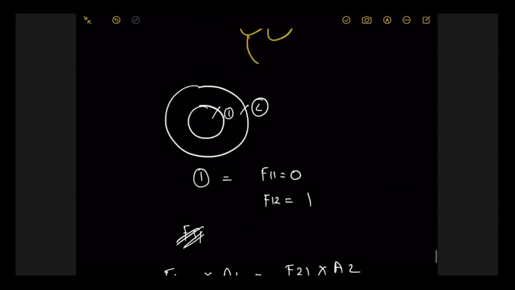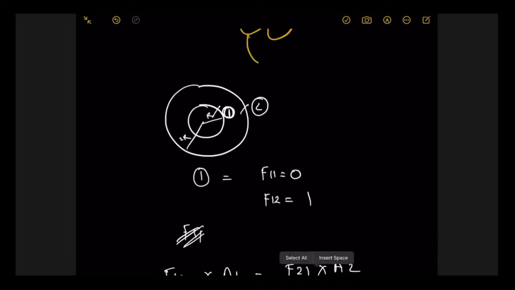Again see in this diagram, it has a radius r and it has a radius of 2r. If it is 1, the self view factor for this will be equal to 0. No radiation is coming from its own, because always remember that whenever the object is inside, obviously no radiation will come.